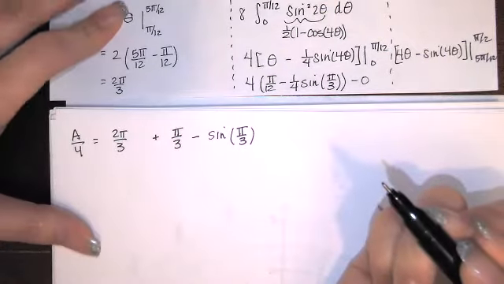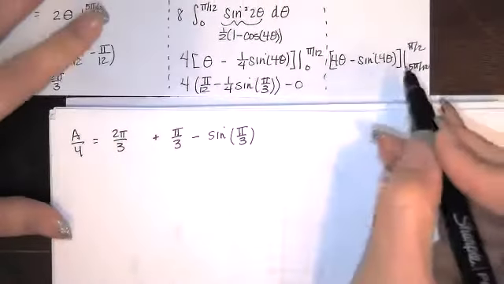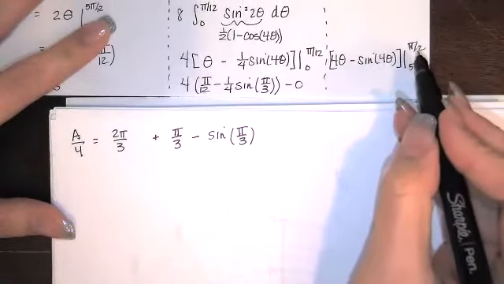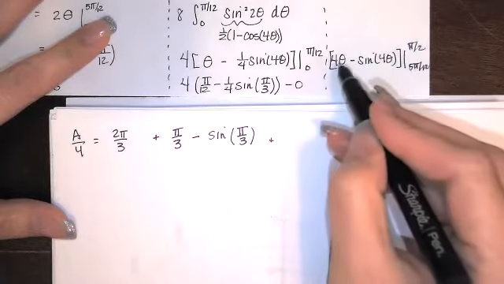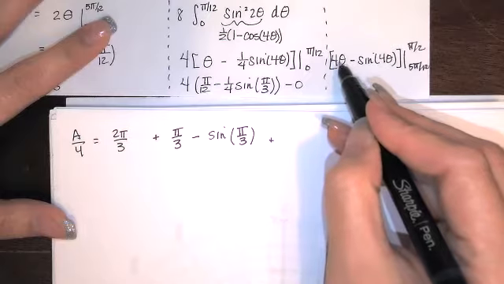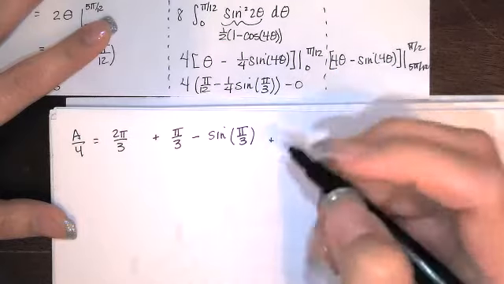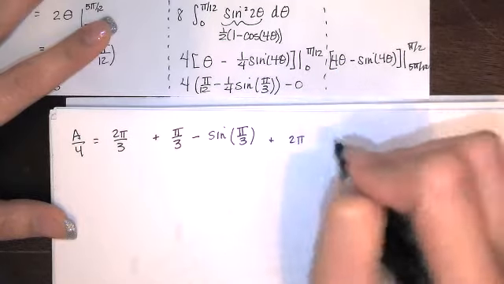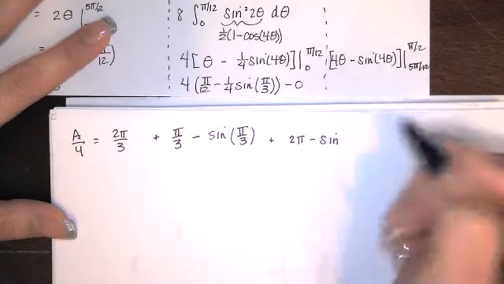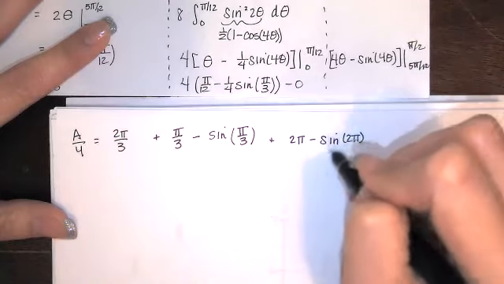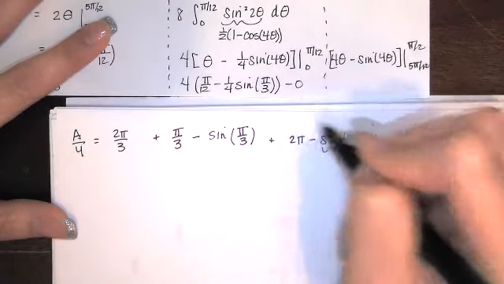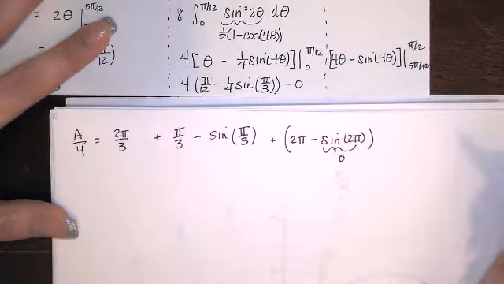We'll simplify that in a little bit. And then over here, we're evaluating this expression at pi over 2 first. Pi over 2 times 4 is going to be 4 pi over 2, which is 2 pi. And then we're subtracting sine of 4 times pi over 2, the sine of 2 pi. We know that's 0.